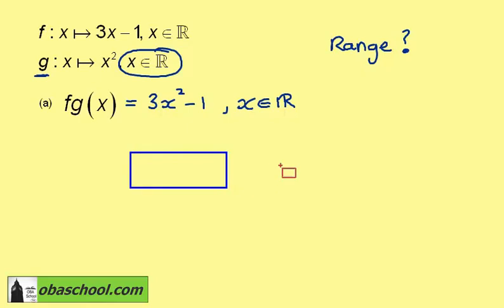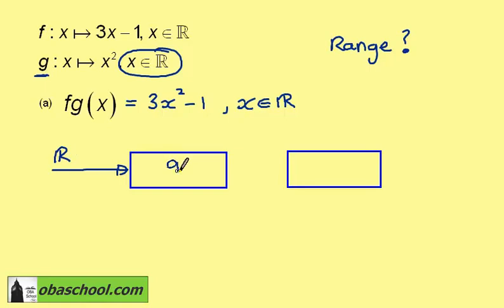Let's once again consider calculating machines. The input first goes in to the function g, and this input could be any real number from minus infinity to infinity. It goes into g, and g is a function which squares.